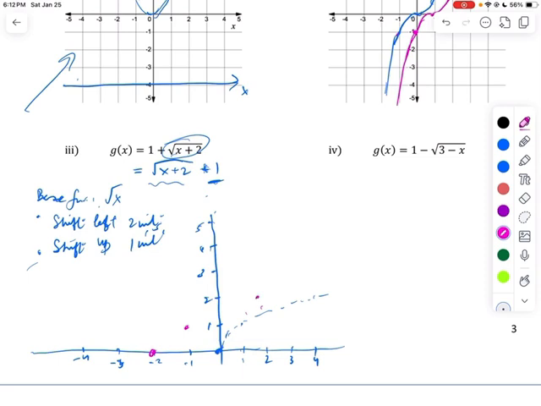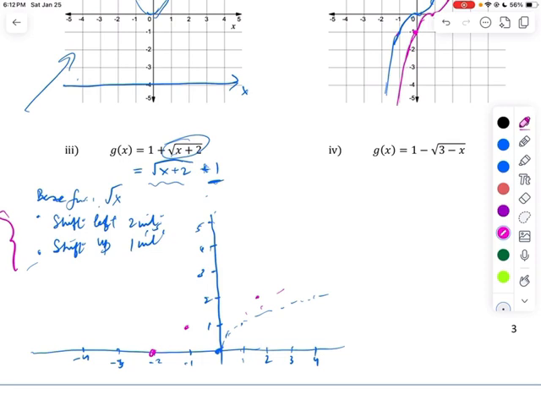You can also do these problems like this: you must write the transformation and the base function. When the question says use transformation, you must state what the base function is and what transformations are being used.